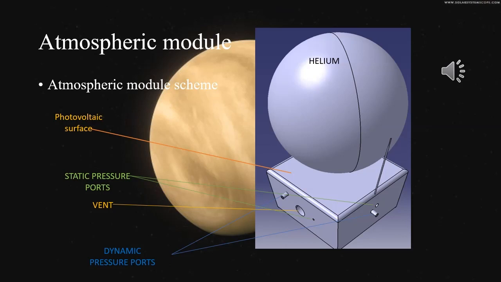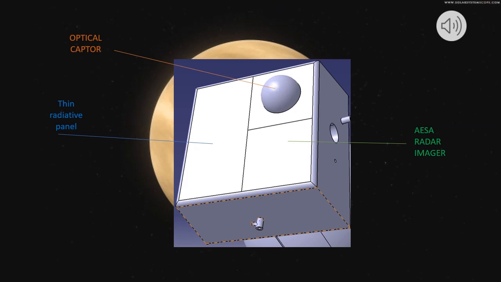Now for the bottom part of our atmospheric module, we have first a thin radiative panel that will supply the system with electric power in order to keep it powered enough to make the communication and observation systems work.